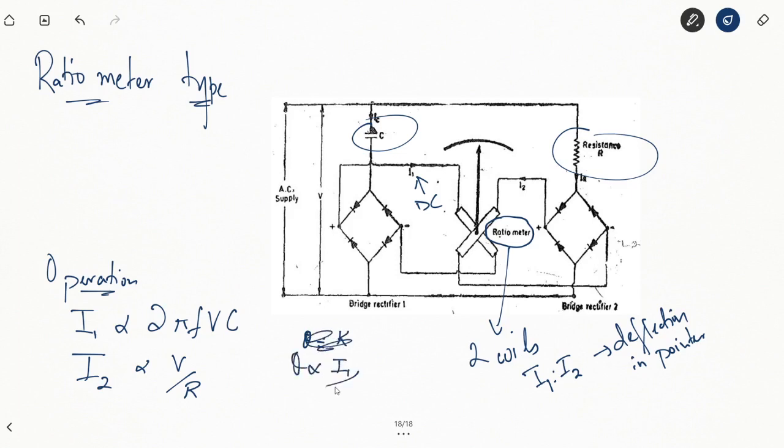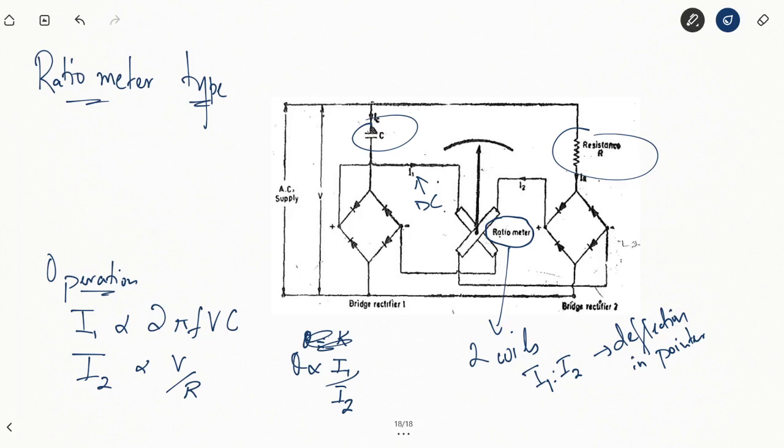Theta will be proportional to I1 by I2. So you have two currents I1 and I2 going through the two coil segments of the ratiometer, and accordingly the deflection will be equal to I1 divided by I2.